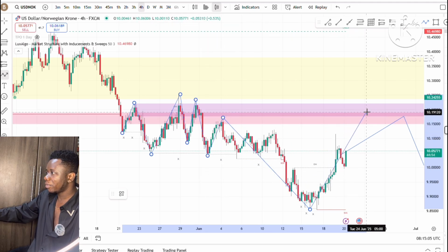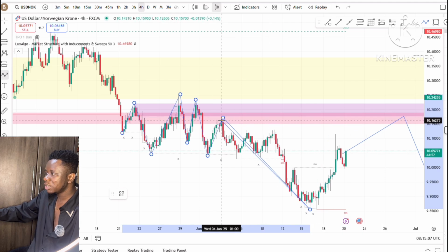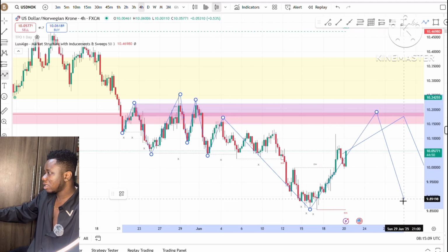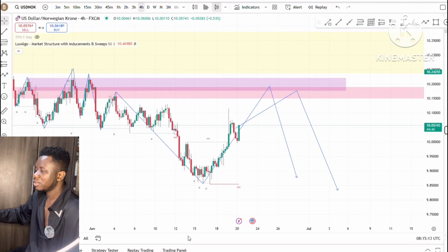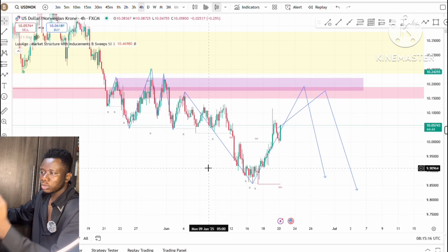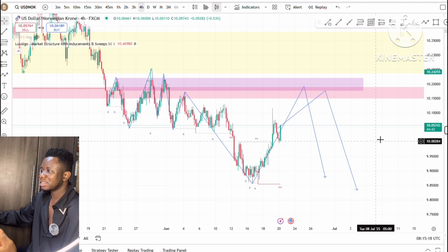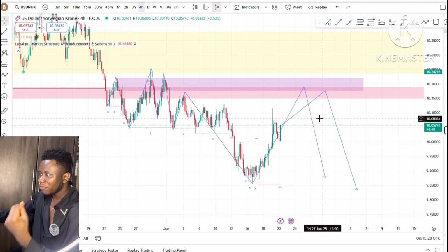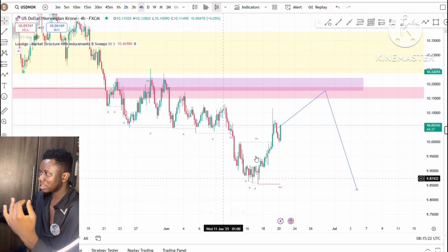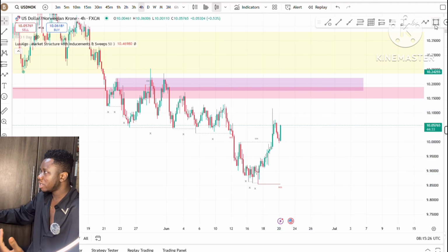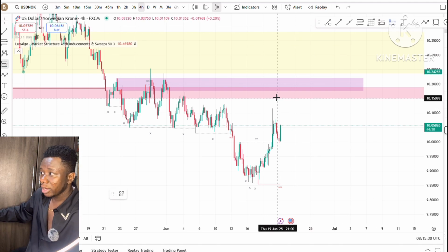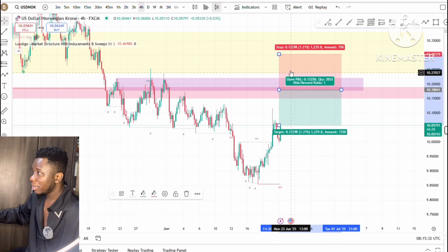So I'm waiting for price around here to sweep this high, then sell off. So this is what I'm waiting for on the 4 hours. So these are the two trades that I'm waiting for right now. The sales that I have, I will still tell you guys when it plays out or when it doesn't play out.